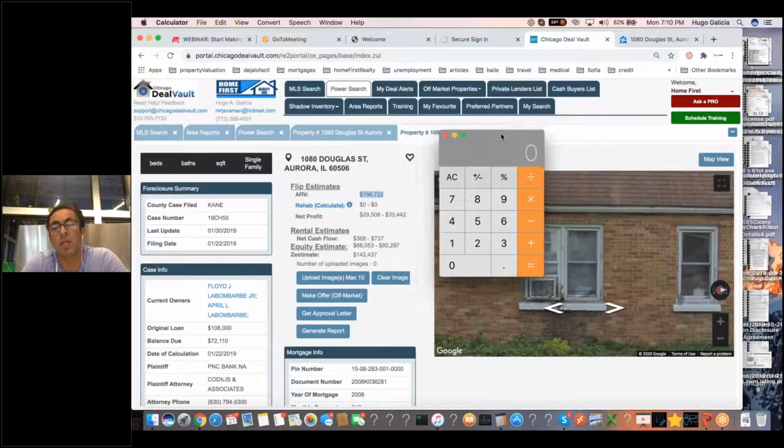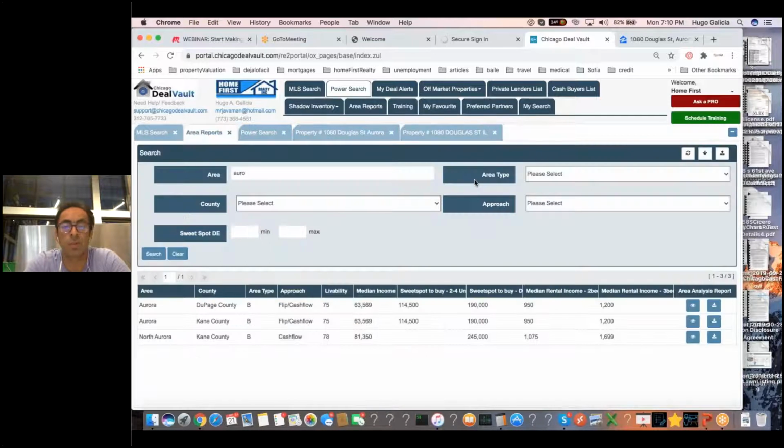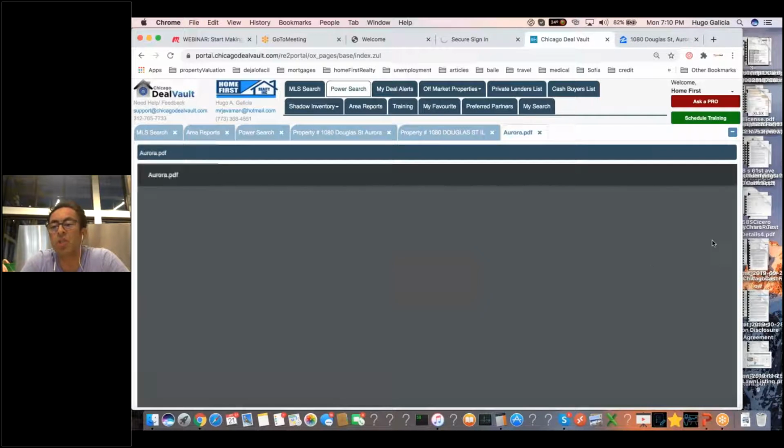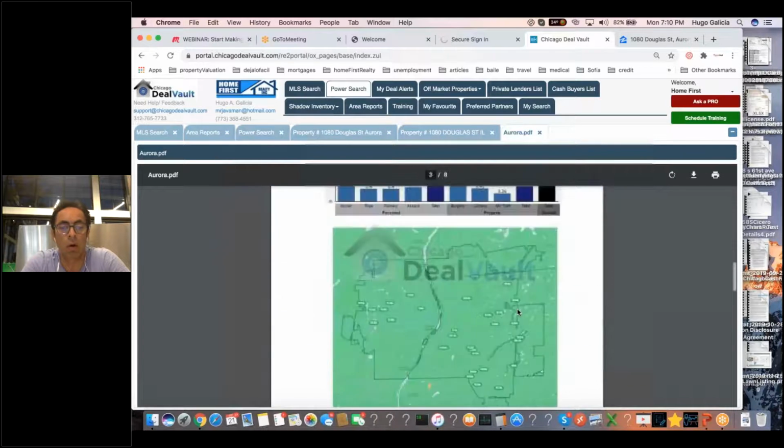So the question is, for a flip, I'm going to show you something really cool. I want to find out how long this property is going to stay on the market. So I'm going to show you area reports, and then I'm going to open up the report. I want to see the months of housing supply in Aurora.